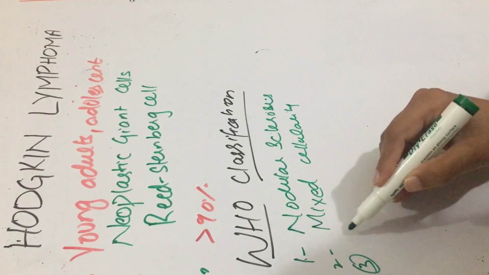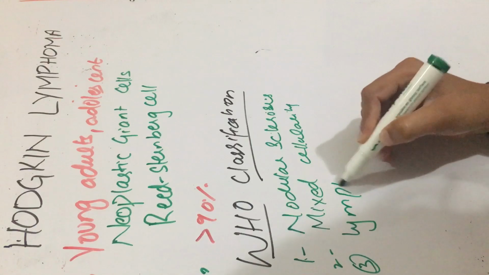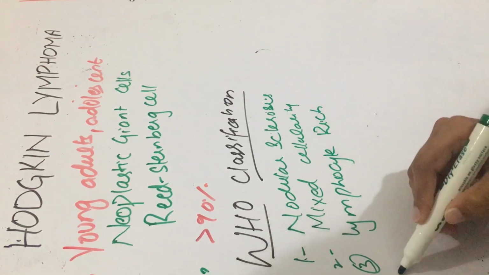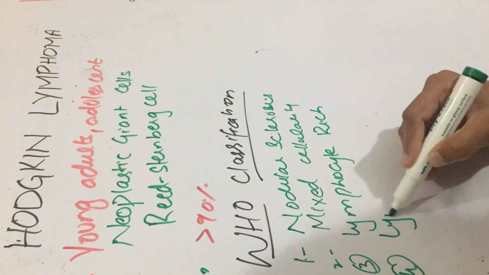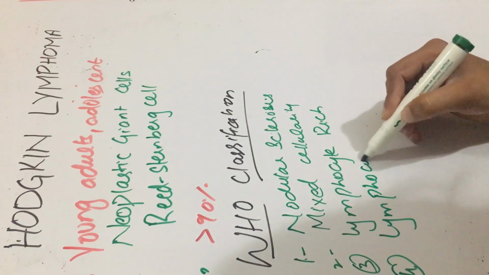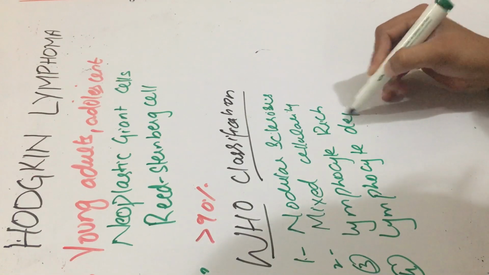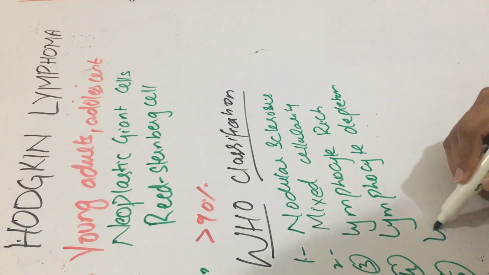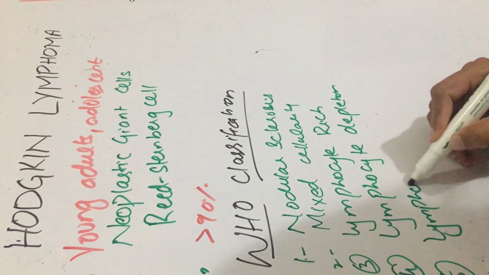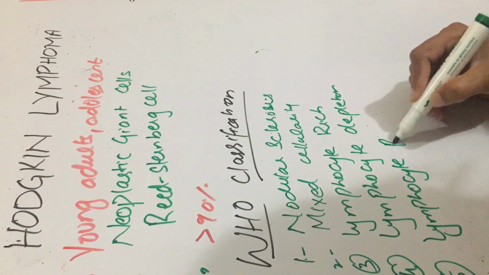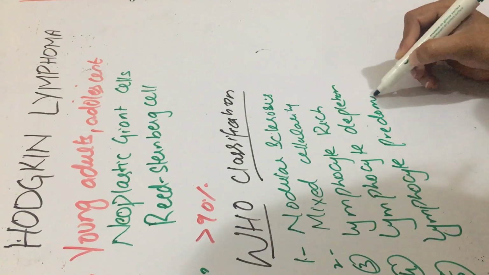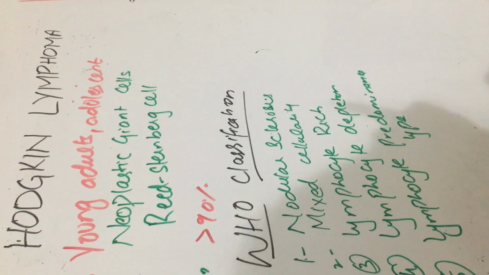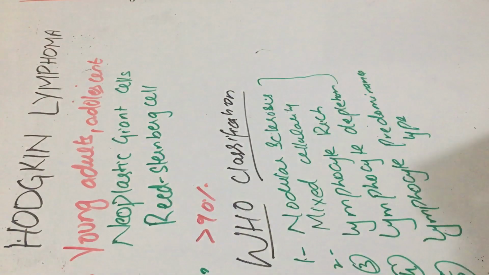The third is lymphocyte rich. The fourth is lymphocyte depletion. And the fifth is lymphocyte predominance type.